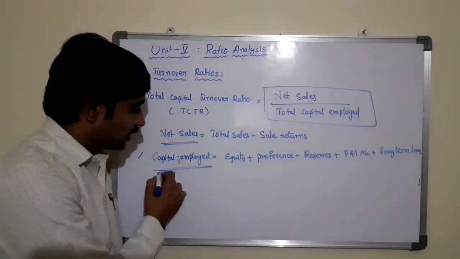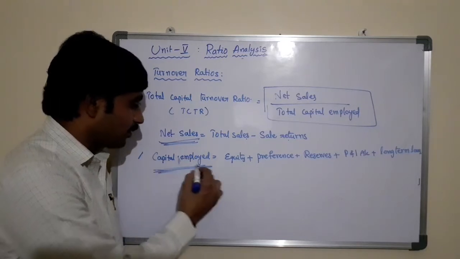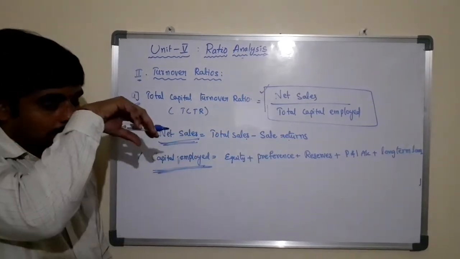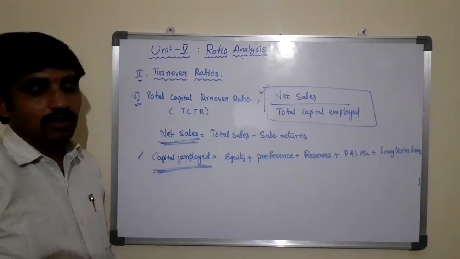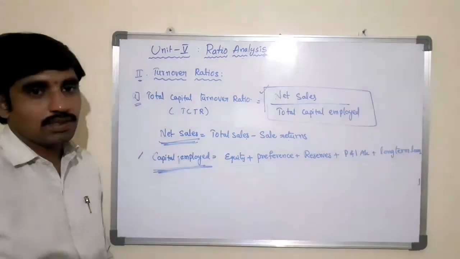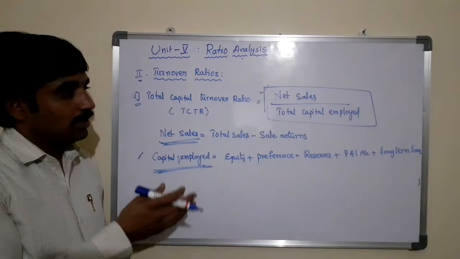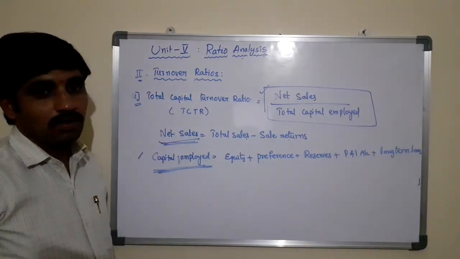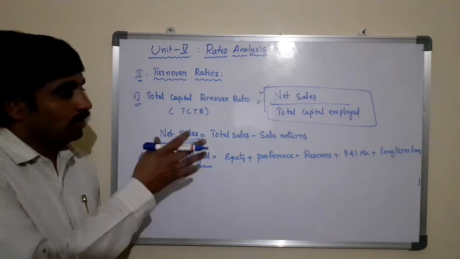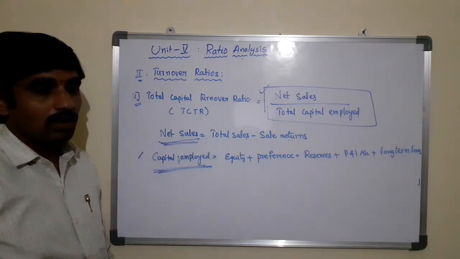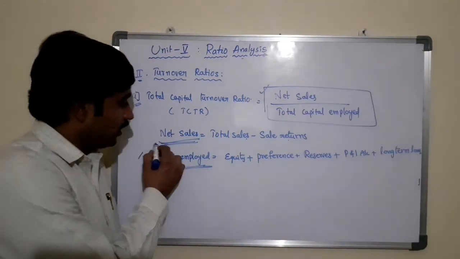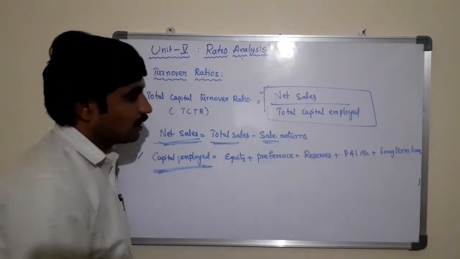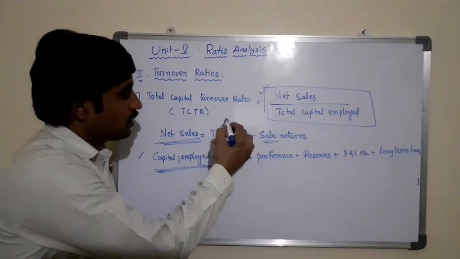After calculating the net sales and the capital employed, you need to substitute them in the formula in order to calculate the total capital turnover ratio, to understand whether the capital is being employed effectively in the business or not. This is the significance of the capital turnover ratio. Here the net sales we calculate by taking the difference between sales and sales returns.